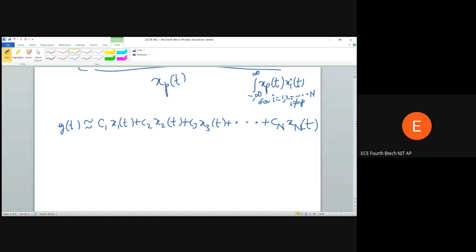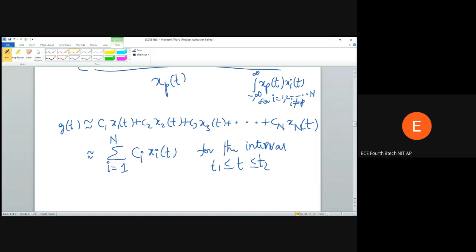Then this is nearly equal to summation ci xi of t for i equal to 1 to n, and we define this for the interval t lying between t1 and t2. That means we are going to approximate the signal g of t with this mutually orthogonal set over the interval t1 and t2 only.